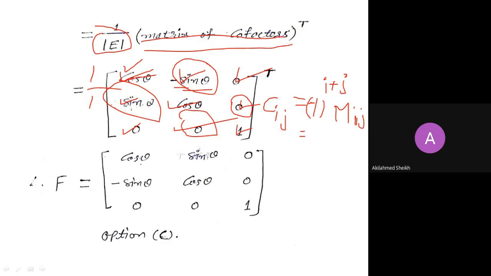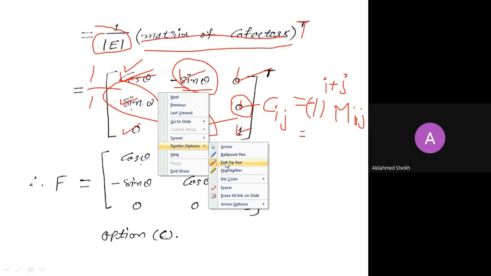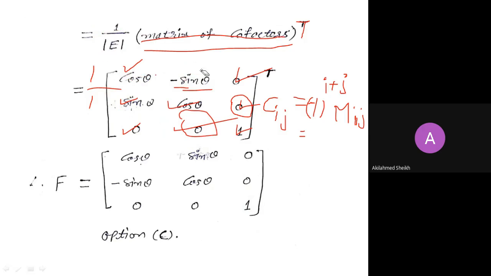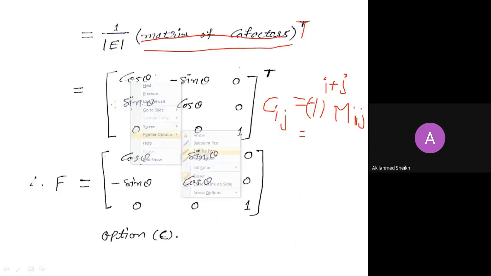Now we have to find the transpose. Transpose is nothing but changing rows into columns or columns into rows. Now here we change rows into columns.